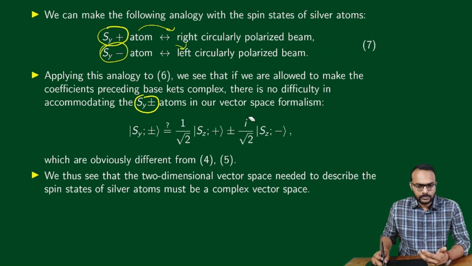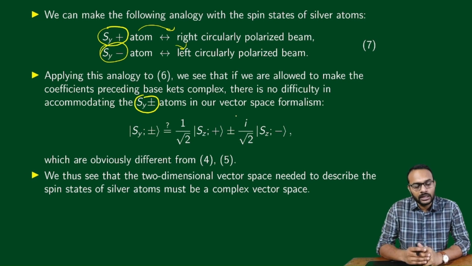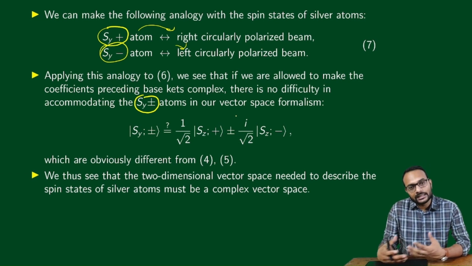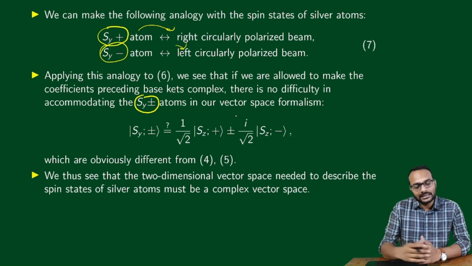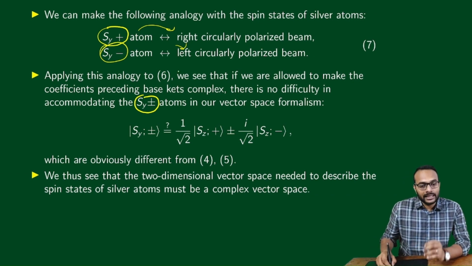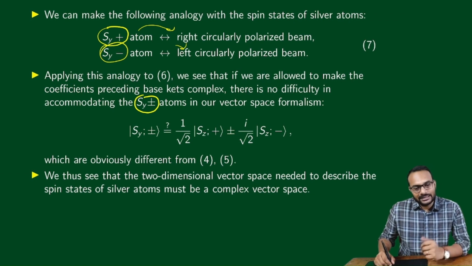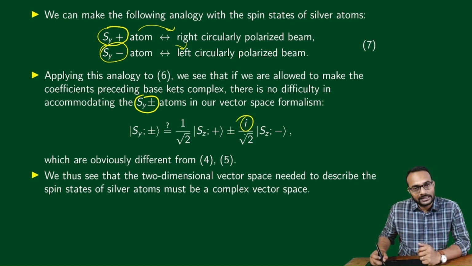If there's no i here, then we don't have much to work on. So if it is true that there is some sort of abstract vector space that we are using, and if it is true that this correspondence somehow works, then we have to make this extra prediction that the abstract vector space is also complex.